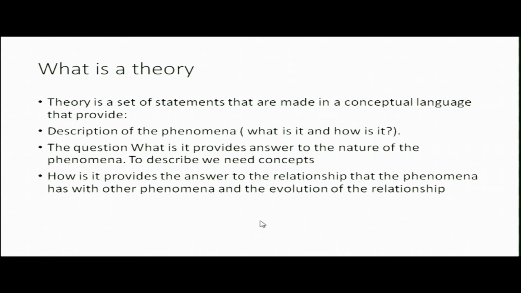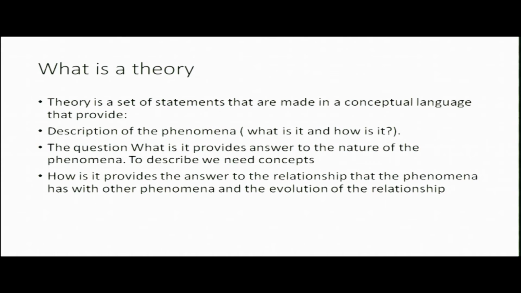What is a theory? A theory is a set of statements that are made in a conceptual language that provide a description of the phenomena. What is it and how is it? The question what is it provides the answer to the nature of phenomena. To describe also we need concepts, as I mentioned just now.